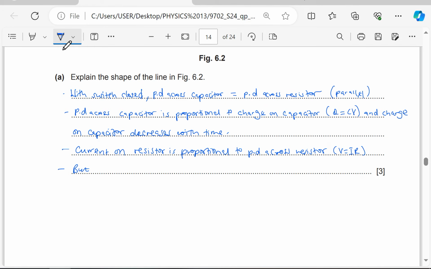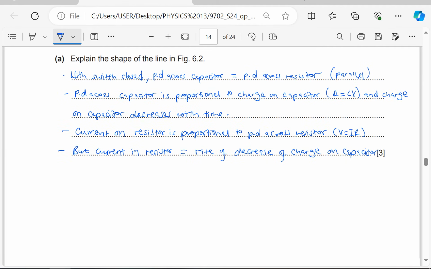The current in the resistor is going to be equal to the rate of decrease of charge on the capacitor.